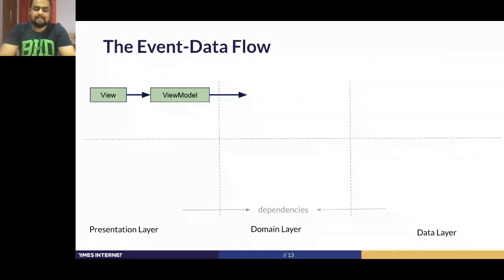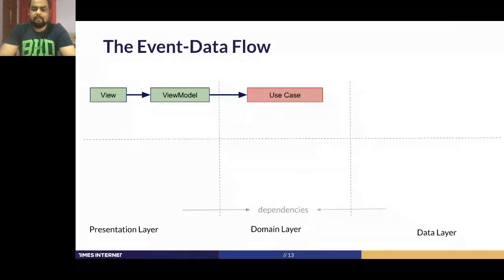The view model is part of the presentation layer, so somebody might use a presenter for that sake. But most of us are using view model, so I have taken the example of the view model. The view will ask for some data from the view model, or ask for an operation in the view model. Since the view model is dependent on the domain layer, it will have a use case.